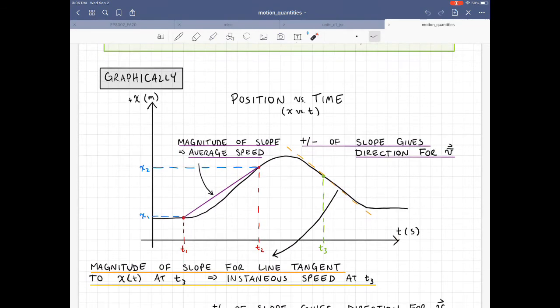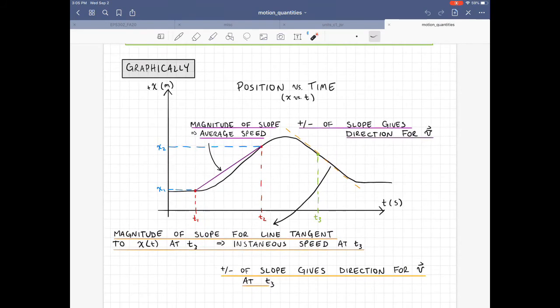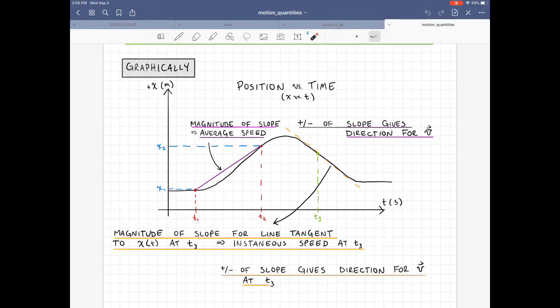So let's take just a moment to consider graphically what all of this means. What I've got drawn here is a position versus time graph. This black curve here is just the position plotted as a function of time. So some object is in motion.